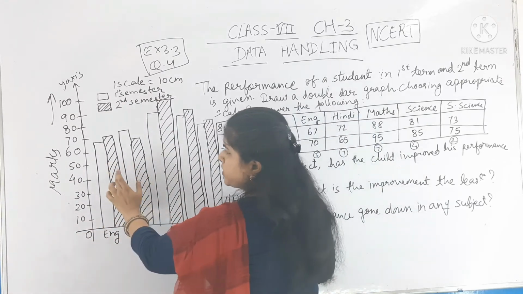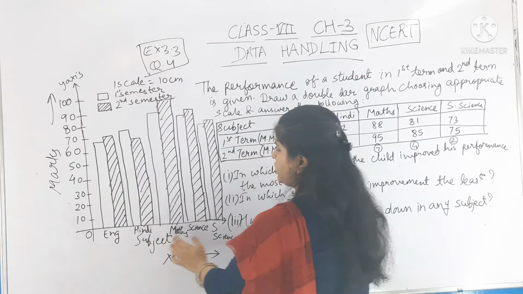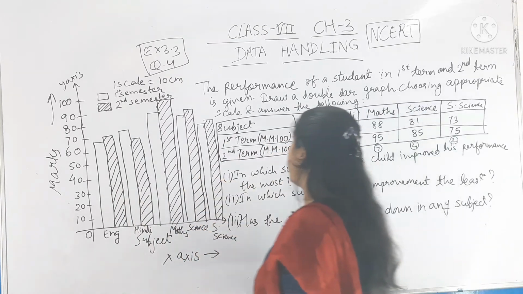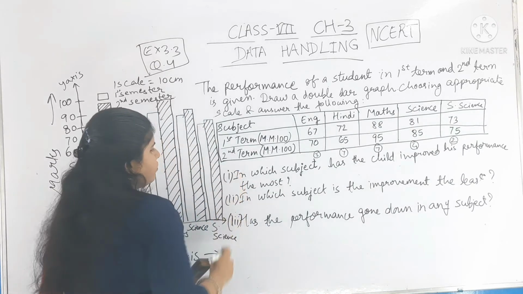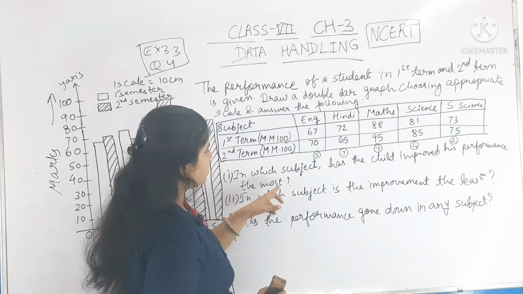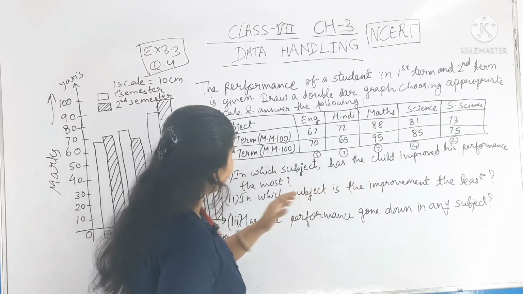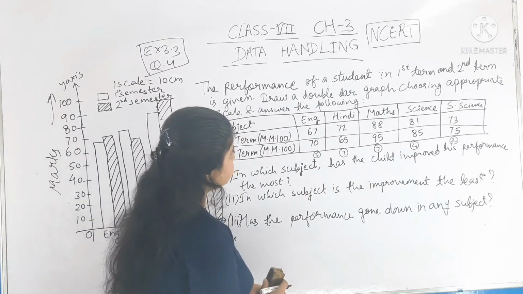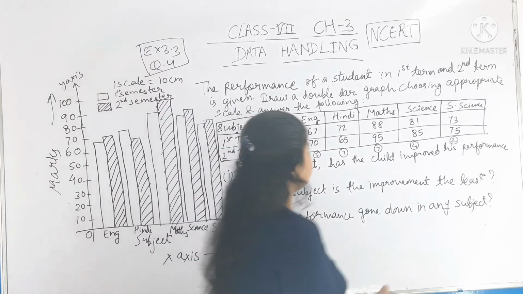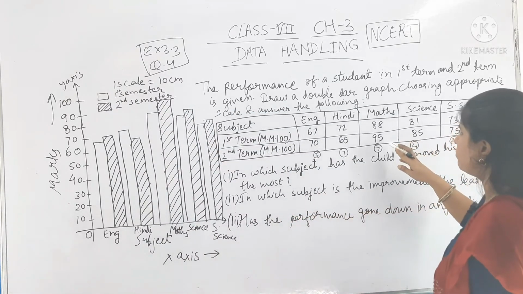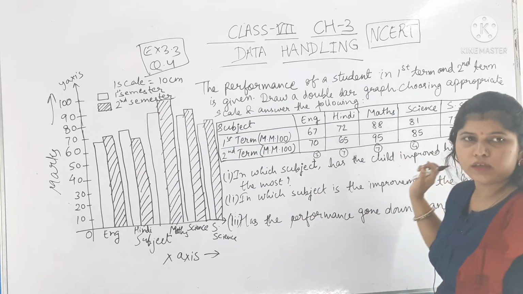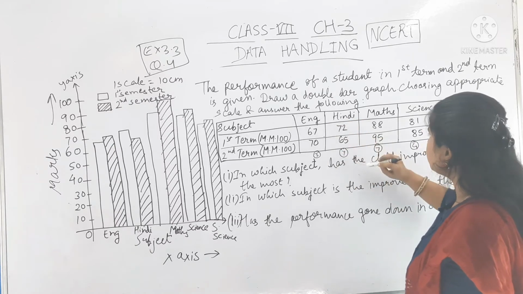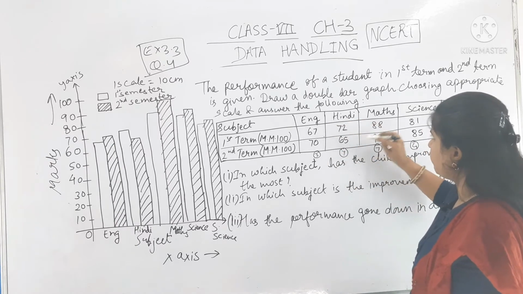So this is your double bar graph. This is for first semester and this is for second semester: English, Hindi, maths, science and social science. Okay, now what is the question here? You have to answer the following: in which subject has the child improved his performance the most? Means in which subject it will be a greater number. You can see here 67 and 70, 72 and 65.